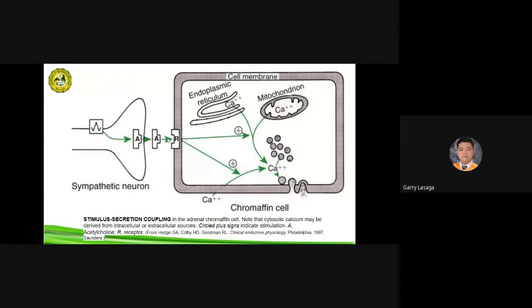This cell here is the chromaffin cell. This portion here is the cell membrane of the chromaffin cell. The structures within the chromaffin cell: this blank space here is the cytosol that contains the cytoplasm, and we also have here the mitochondria and the endoplasmic reticulum.